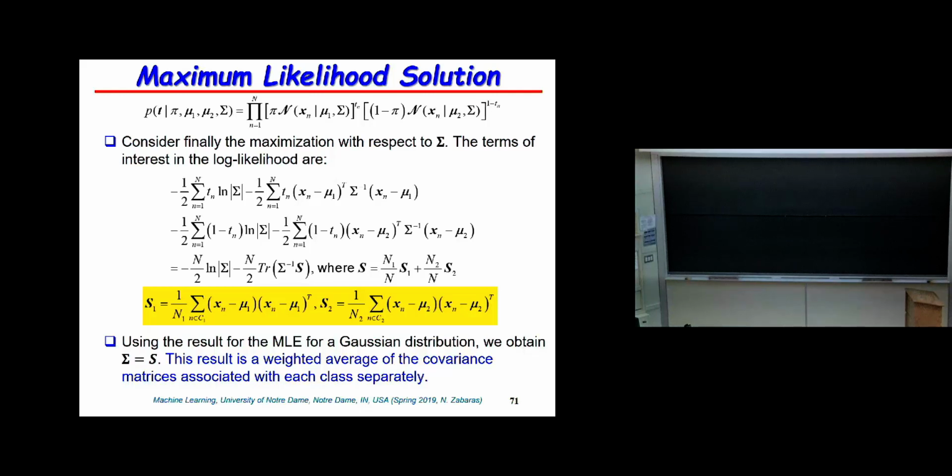And then you have to do the standard trick that you do with this type of calculation, which is what trick? What trick do you do when you do MLE for the covariance matrix? So if you want to compute derivatives here, what's the trick you do?